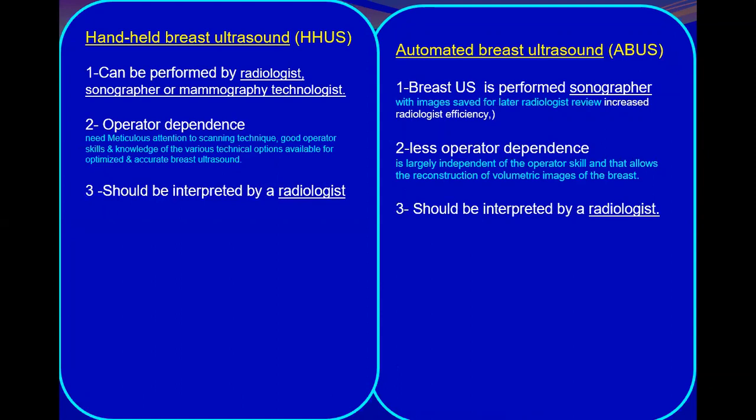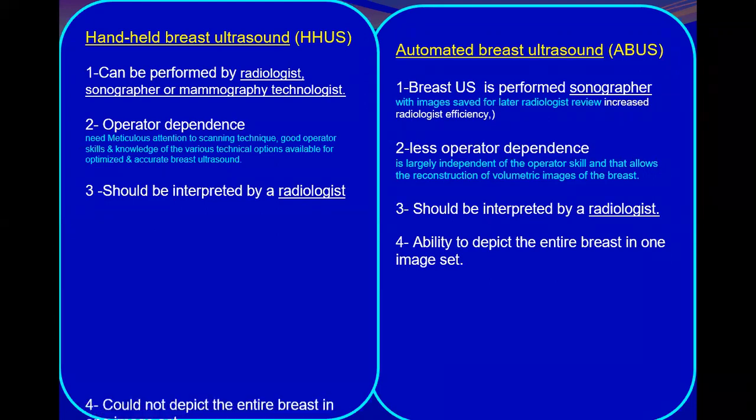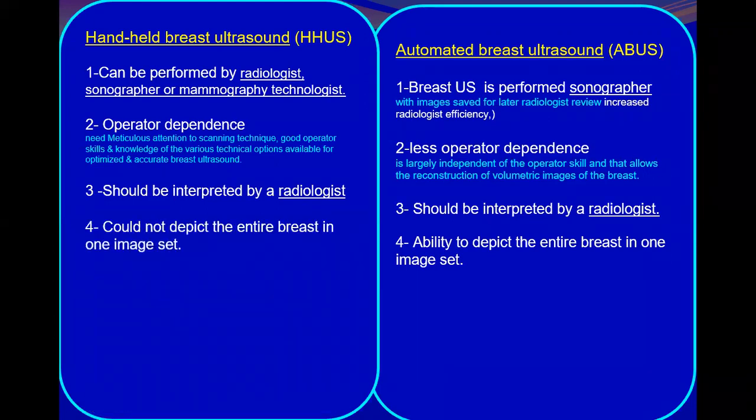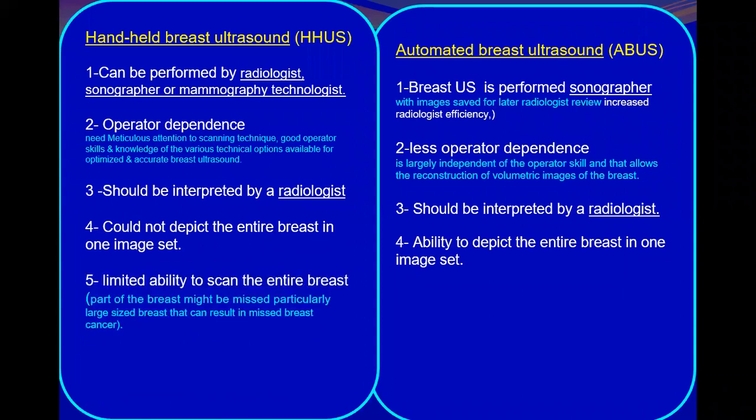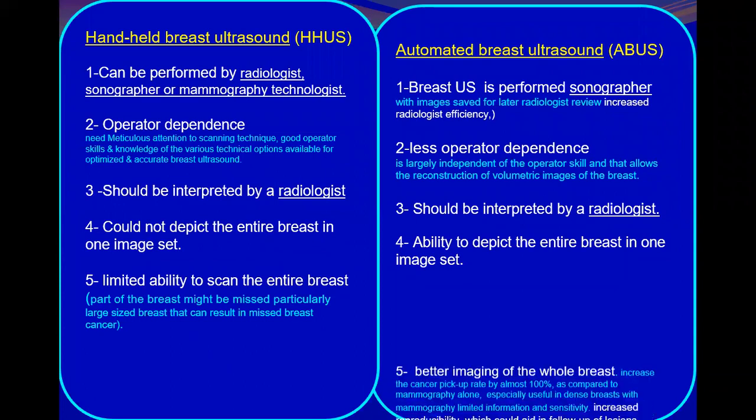Both should be interpreted by a radiologist. Automated ultrasound has the ability to depict the entire breast in a single image, while the handheld could not depict the entire breast in one image setting. Handheld ultrasound has limited ability to scan the entire breast, especially if it is large or huge; you might miss part of the breast, which can result in missing cancer.